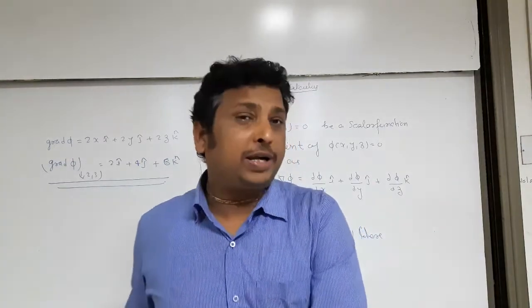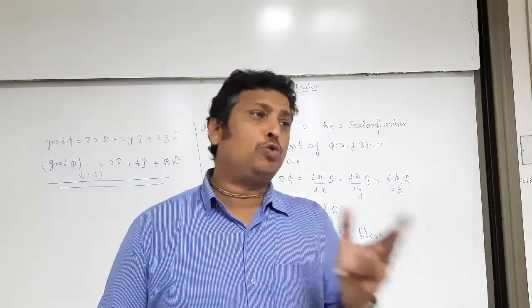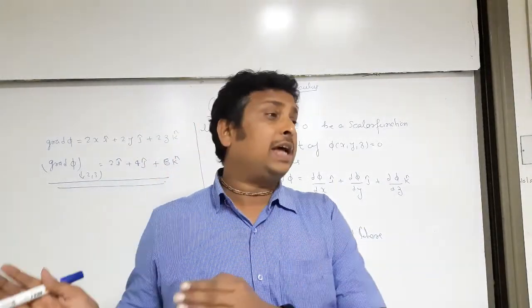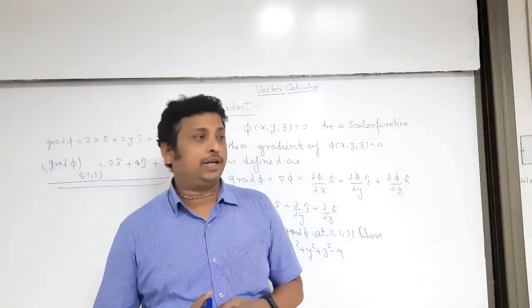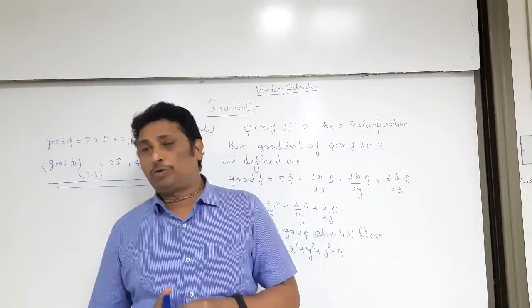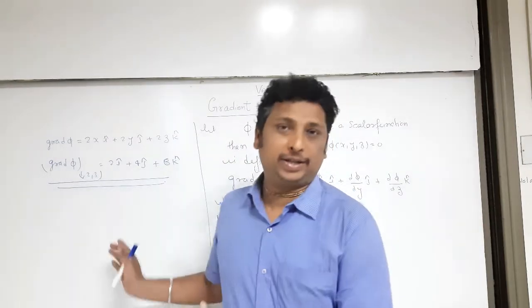Now the main thing: what are the properties, meaning applications, of gradient? Mostly questions will come from the application part. The applications are very important in the field of electromagnetic theory, where in so many places you require gradient.